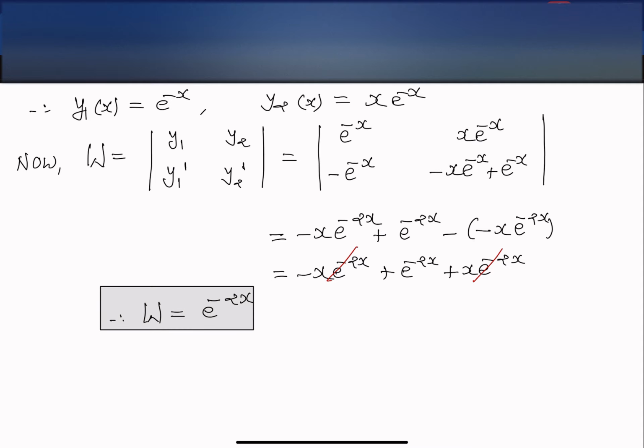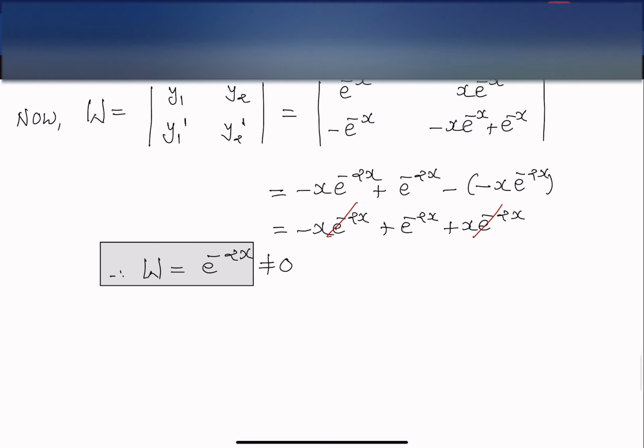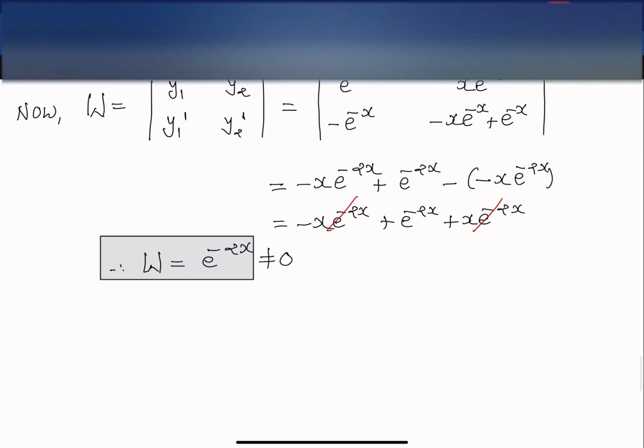If possible, always write in the examination that this is non-zero because this is any function, right? This is the function e raised to minus 2x I mean, and which is non-zero function. Now we are ready to find yp(x). So what is yp(x) now?